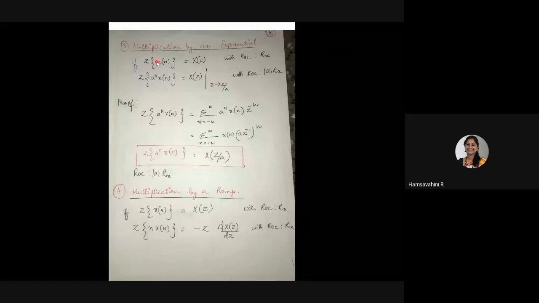Suppose we have x of n with x of z. I ask you to find the Z transform of 2 to the power of n x of n. Then it is the same x of z. Wherever z is there, you have to replace it with z by 2.